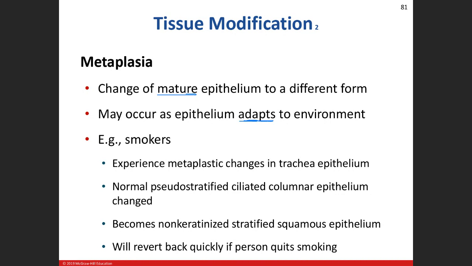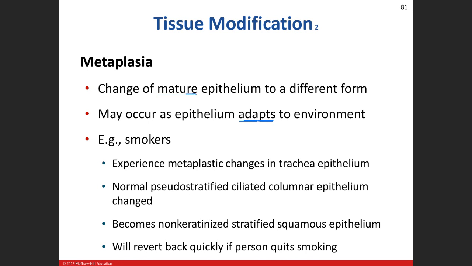The normal epithelium in the larger respiratory structures is going to be pseudostratified ciliated columnar epithelium. What happens over time with continued smoking is that type of epithelium adapts and transitions into non-keratinized stratified squamous epithelium.